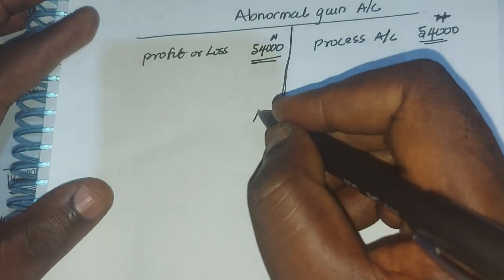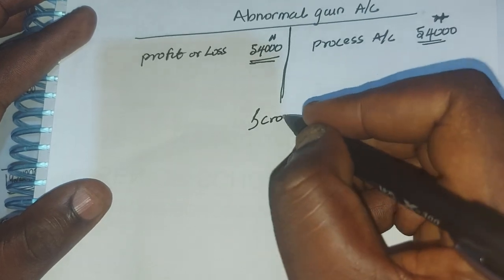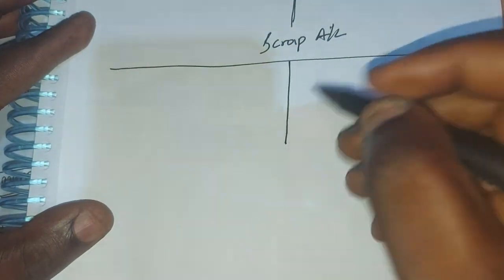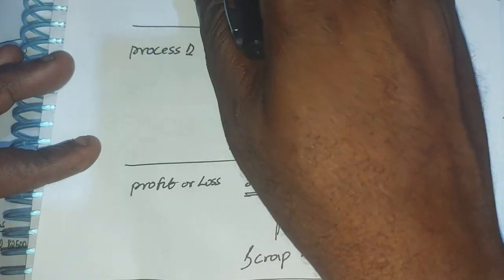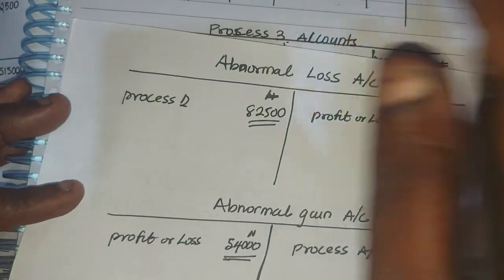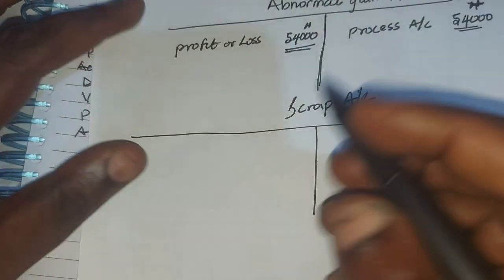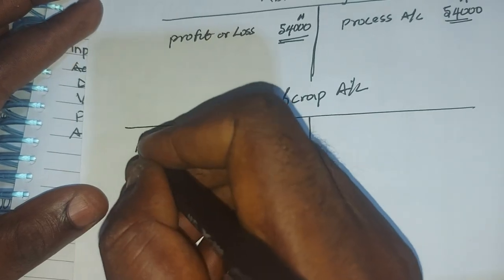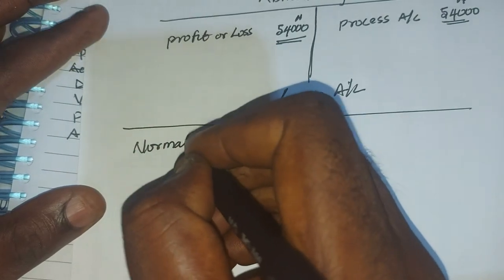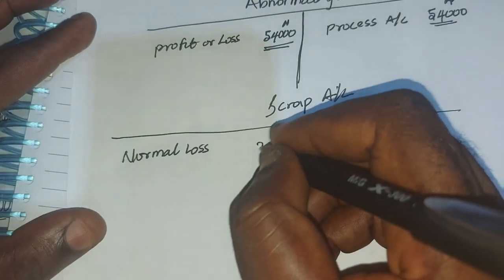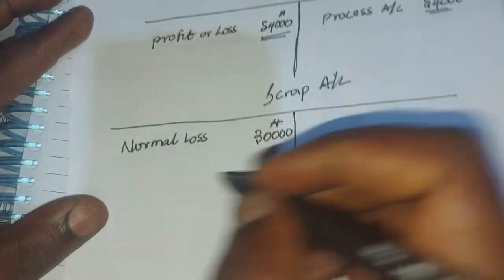Then for the scrap account, the scrap account is where the normal loss will be debited. You have credited the process 2 account with normal loss. So you come here and say normal loss, process 2, how much? We sold for 30,000.